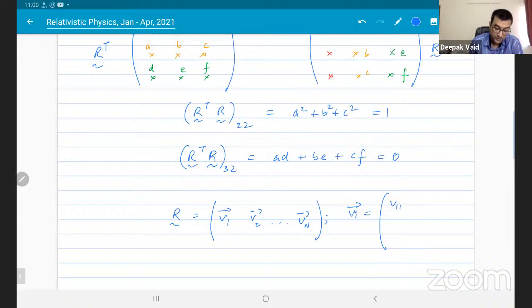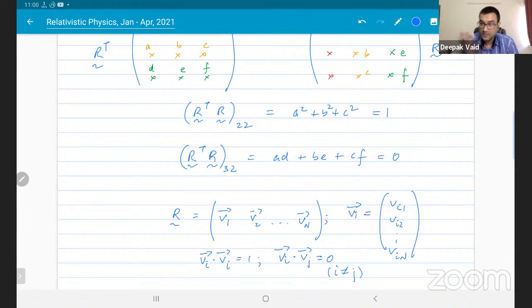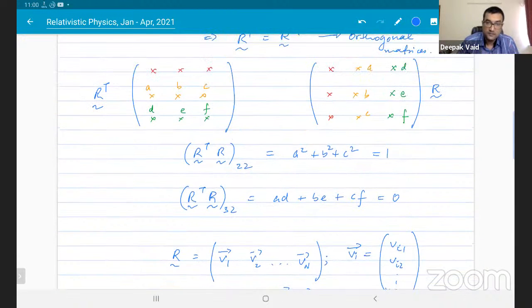It has components Vi1, Vi2, up to Vin. And the property is that Vi dotted with Vi gives me 1, and Vi dotted with Vj is equal to 0 for i not equal to j, that is, delta ij. That's why these are called orthogonal matrices. Once you understand this, it makes the terminology clear.